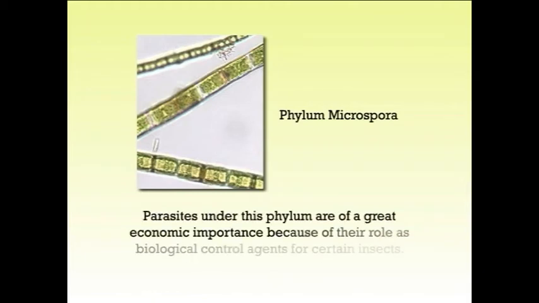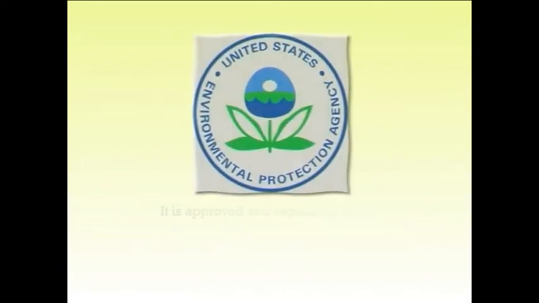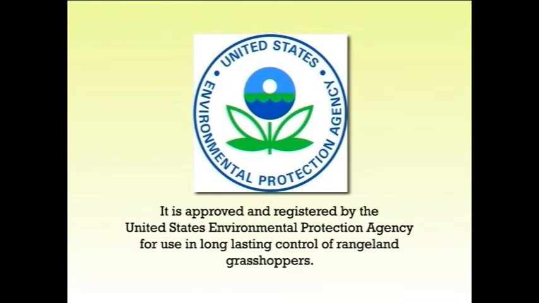Parasites under this phylum are of great economic importance because of their role as biological control agents for certain insects. To take a unique example, Nosema locustae is approved and registered by the United States Environmental Protection Agency for use in long-lasting control of rangeland grasshoppers.